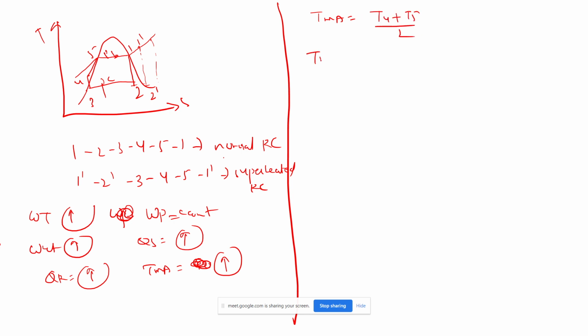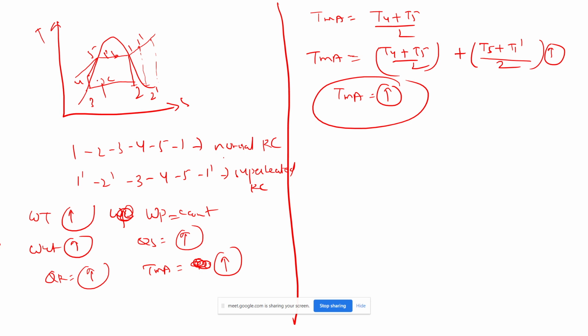But now it is not constant, it is also increasing. So we write (T4 + T5)/2 plus, from here, T5 plus T1 dash by 2, since T1 and T5 temperature is same. Because this part is increasing, the mean temperature of heat addition will also increase.